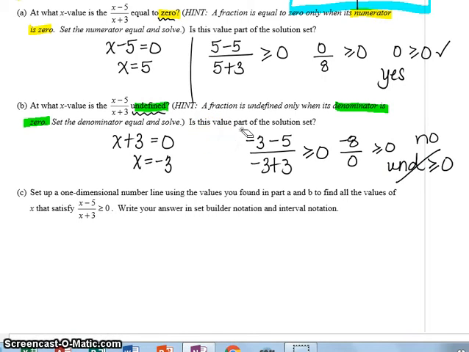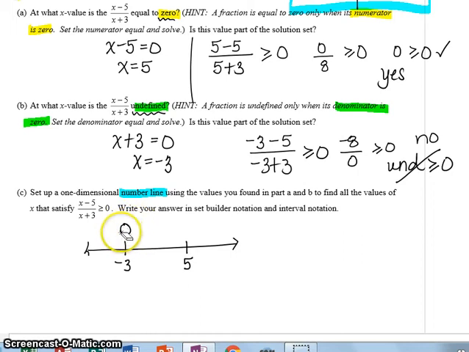Part C says, set up a one-dimensional number line, using the values that you found from part A and B. So remember, our number line was, the denominator was equal to negative 3, and the numerator was equal to 5. It can never, ever be included where it's undefined.